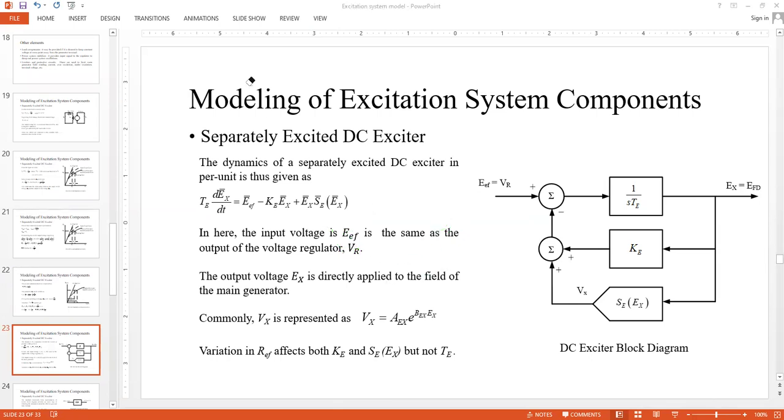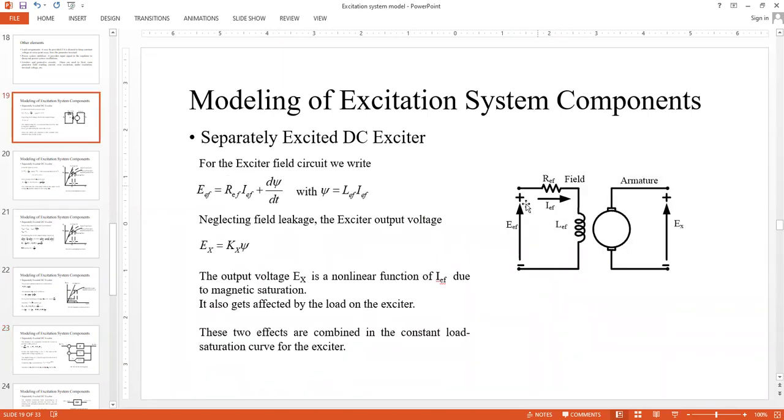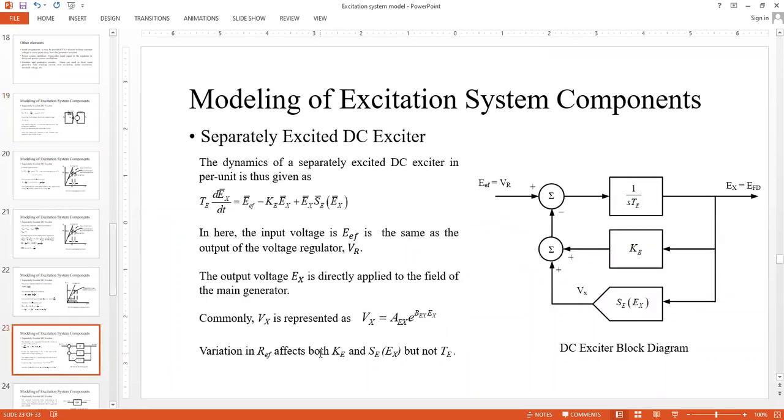Now another remark is this: if this REF is varied, what is REF? REF is the field circuit resistance. This is a physical resistance, it is not the air gap resistance. So if the field resistance REF is varied, from the relationship we can easily verify that KE is affected due to the change in REF.